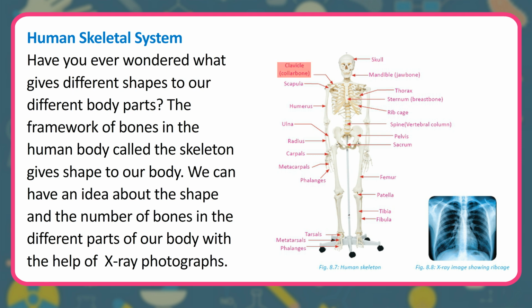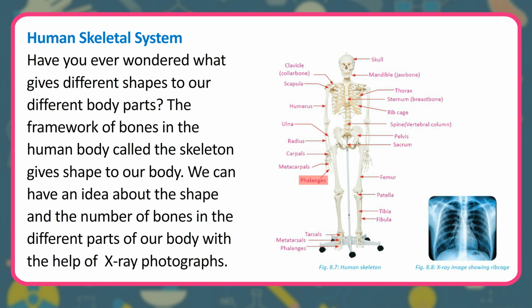Skull. Clavicle, collarbone. Mandible, jawbone. Scapula. Thorax. Humerus. Sternum, breastbone. Ulna. Rib cage. Spine, vertebral column. Radius. Pelvis. Carpals. Sacrum.